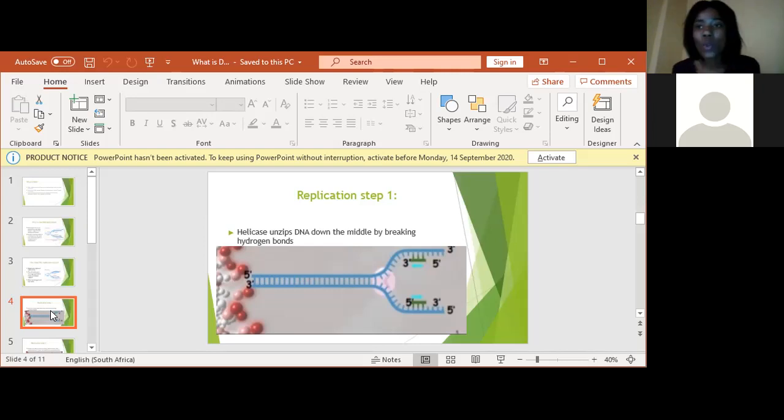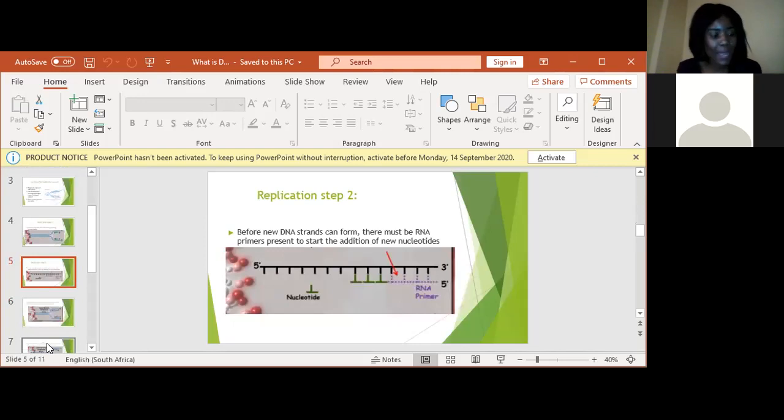So the enzyme called primase binds at a specific location on the DNA and kickstarts the replication synthesis, and the primer is about 5 to 10 nucleotides long.